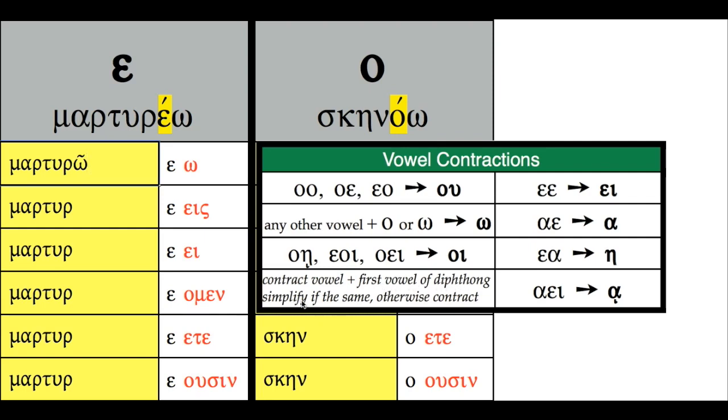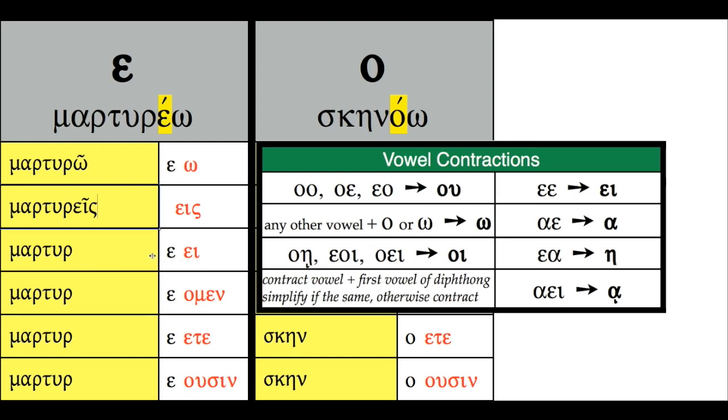Now it says if the vowels are the same, then simplify. So we have two epsilons. What simplify means is we just drop one, okay? So instead of epsilon iota, we just have simply epsilon iota. That's simplification. These two vowels here, we just dropped one, like that. Okay, and of course we add our circumflex, and I need to add that sigma in there to make it second person singular, martyres.